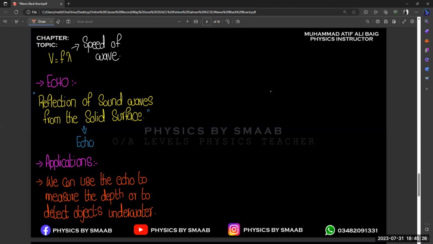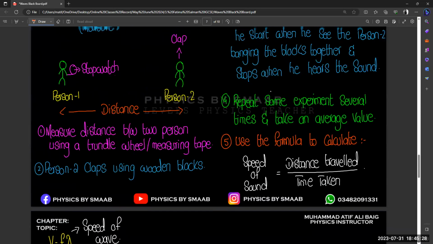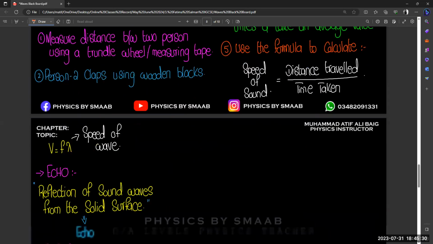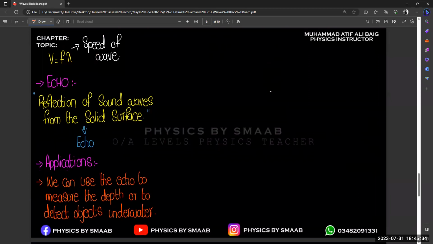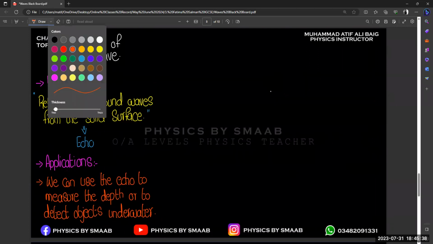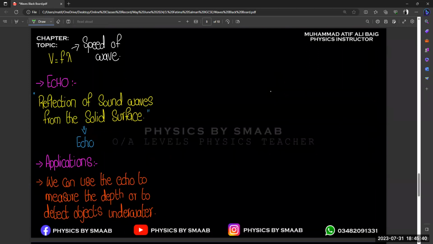And normally we use a very simple formula: speed is equal to distance over time. But let's suppose you want the speed, the distance, or the time in the concept of echo. Your formula will be slightly different from the original one.